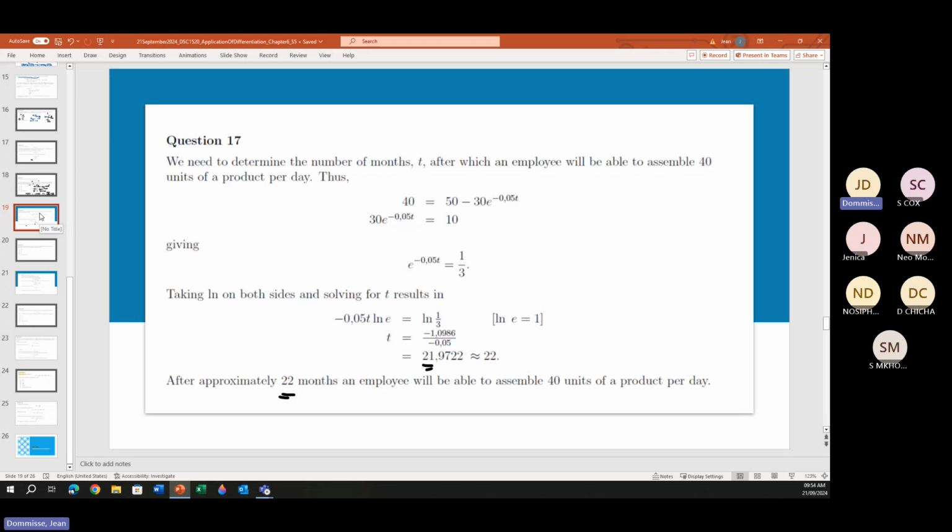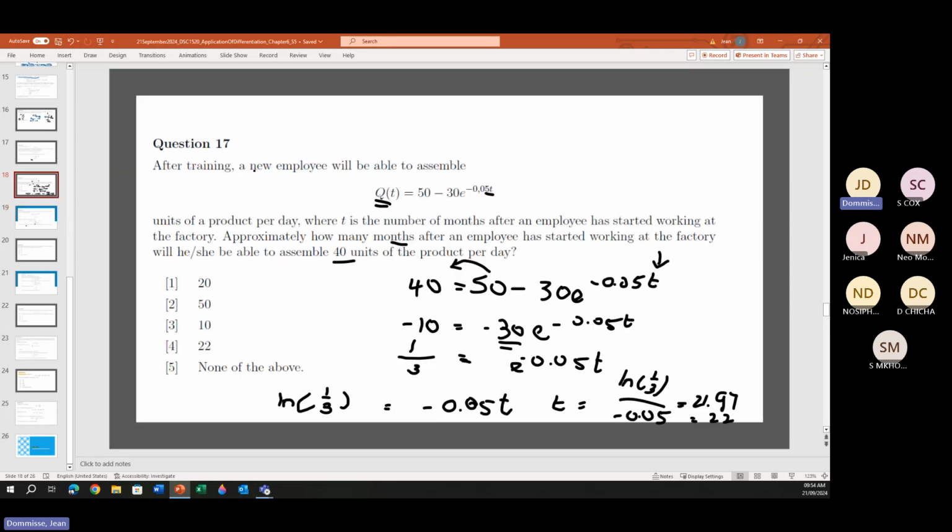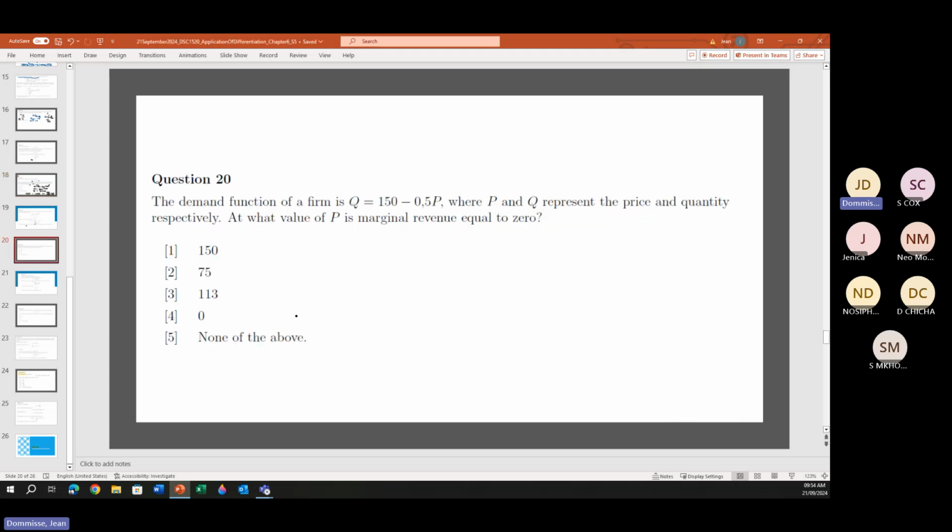So question 17 was definitely a catch question because it was thrown in between the differentiation questions, the integration questions, and suddenly your mind is nearly taken to that. So that is why I included it.